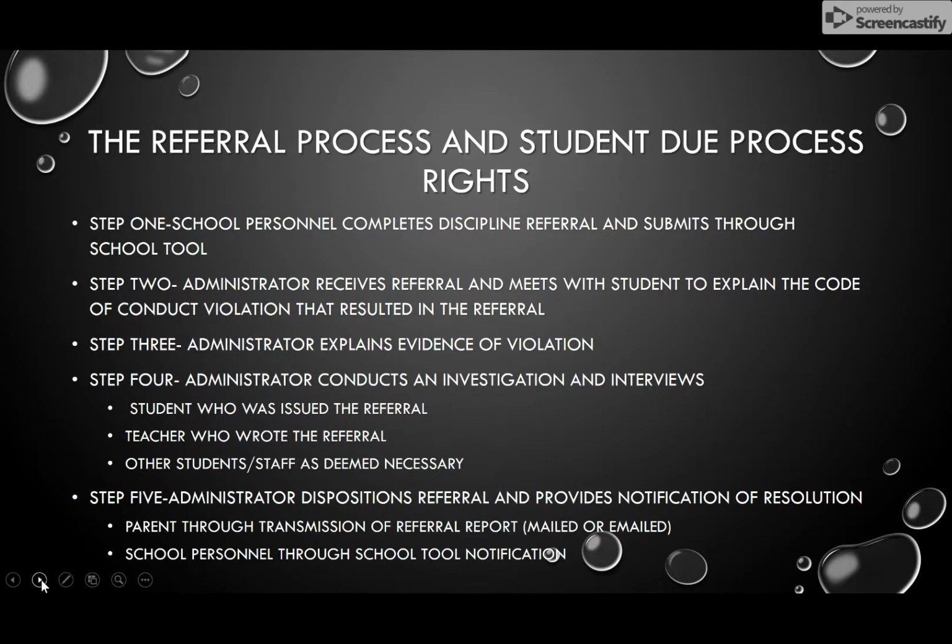Step 3, the administrator explains the evidence that's been provided to them of the violation. Step 4, the administrator conducts an investigation and interviews the student who was issued the referral, interviews the teacher who wrote the referral, and interviews other staff or students as necessary.